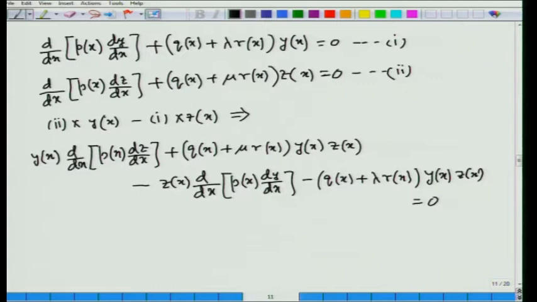Now, you can see that q(x) y(x) z(x) and q(x) y(x) z(x) cancel with each other.